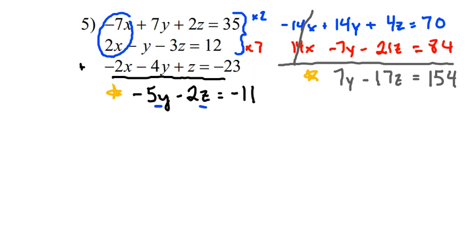Alright, so we now have two new equations, one here, one here. So we're kind of setting aside the original, and we're taking our two new equations and we're going to treat them like a system where we want to eliminate something. And you can kind of see that this is getting a little bit cantankerous with the numbers. So what are we going to do? We can eliminate y, or we could solve for one of these variables and do substitution. I think you'd find that to be messy. So I'm going to try to line up the y's, which means I need to multiply this equation by 7, and I'm going to multiply this equation by 5.